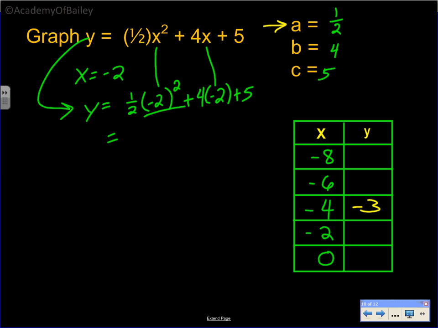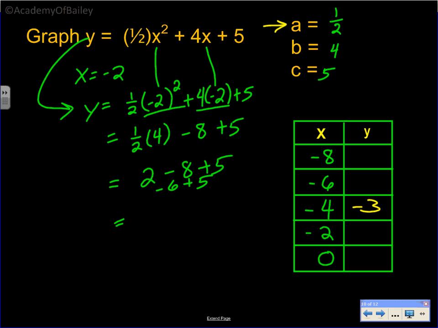Negative 2 squared is going to give us, negative 2 times negative 2 is a positive 4. 4 times negative 2 is a negative 8, and then we have the 5. What's 1/2 of 4? 1/2 of 4 is 2, minus 8 plus 5. 2 minus 8 is negative 6, plus 5 is going to give you a negative 1.